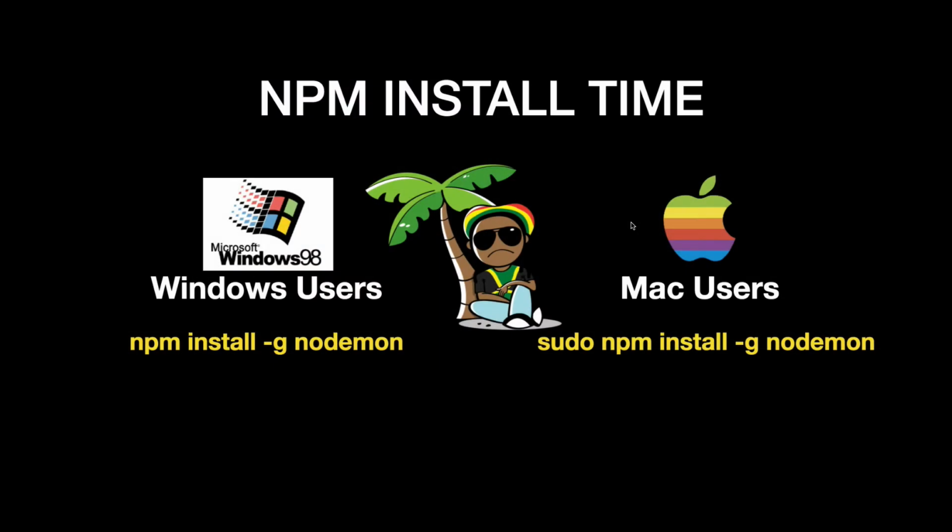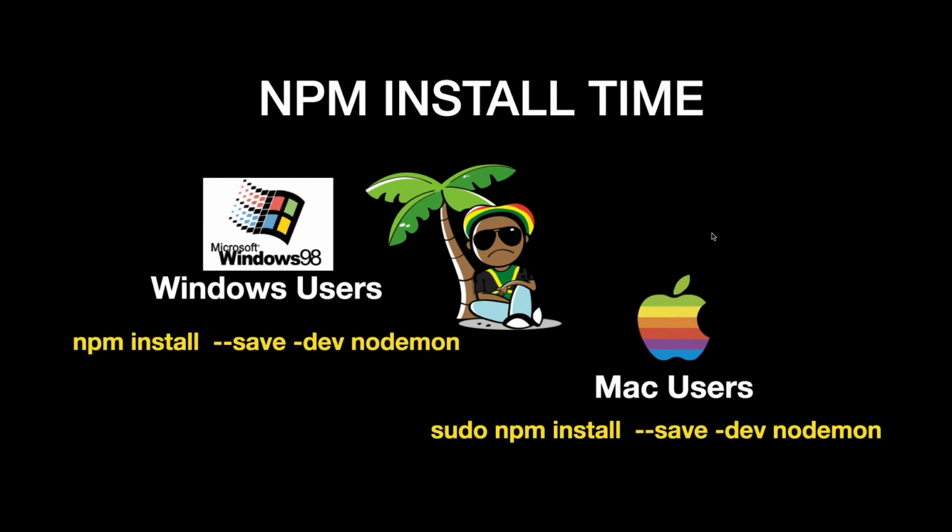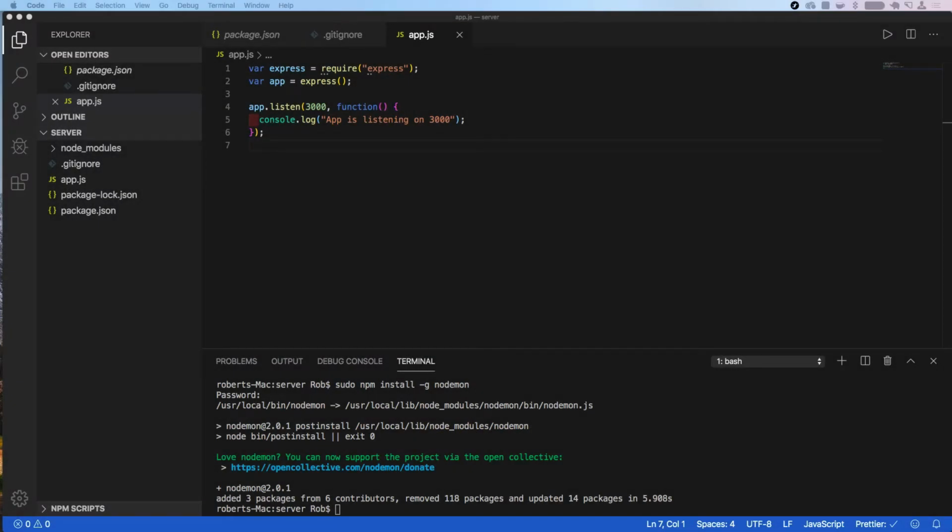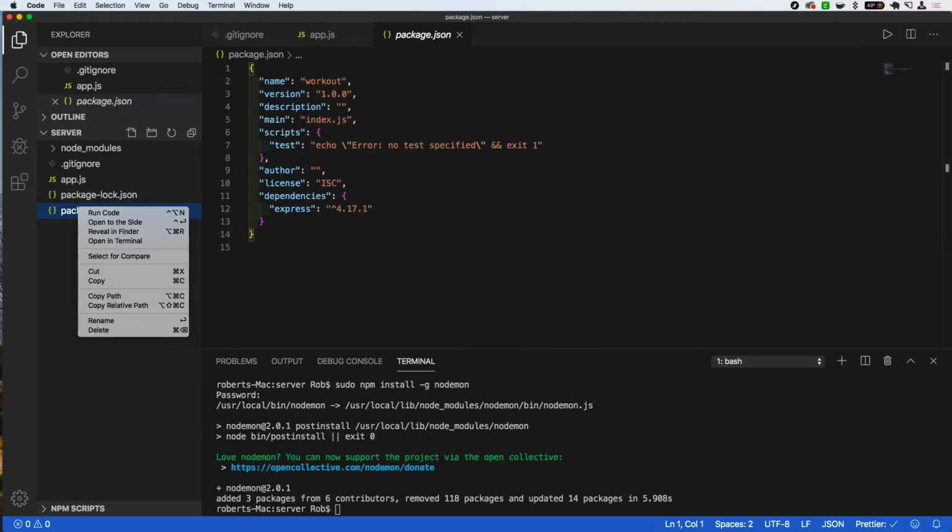Going back to the slides, there are some additional instructions here. We need to make sure, again, if you're watching the videos in series, you should already be in the correct terminal. And if you're not, you can always right-click the files here, wherever your package.json is, and click on Open in Terminal.